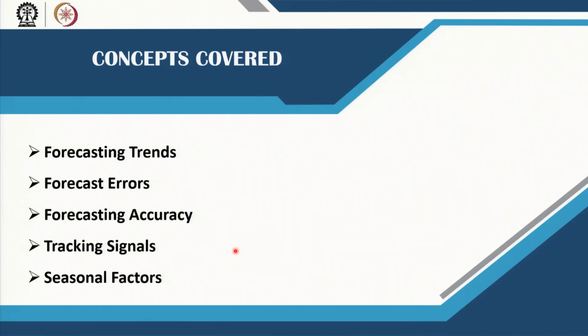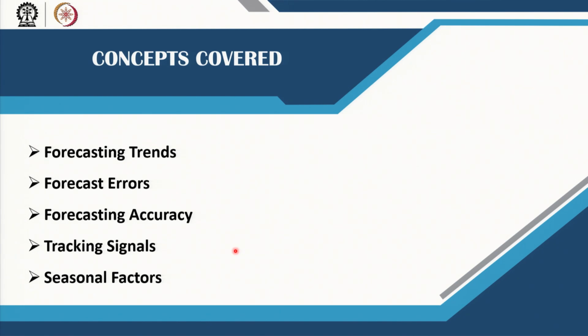Today, we are basically going to discuss the following concepts, that is forecasting of demand pattern where there is a trend either upward or downwards. Then we will be discussing something related to forecast errors and associated forecasting accuracy.